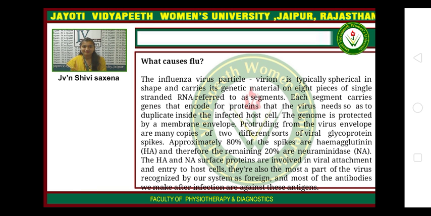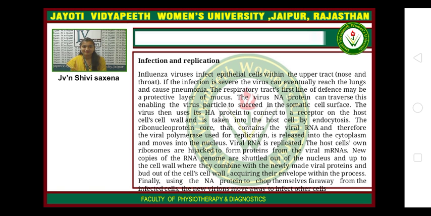Infection and replication. Influenza virus infects epithelial cells within the upper tract, nose and thorax. If the infection is severe, the virus can eventually reach the lungs and cause pneumonia.